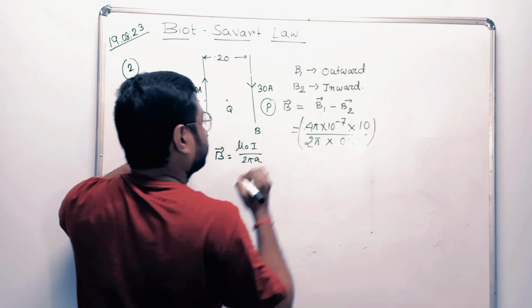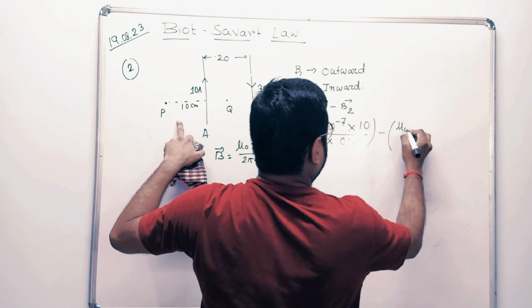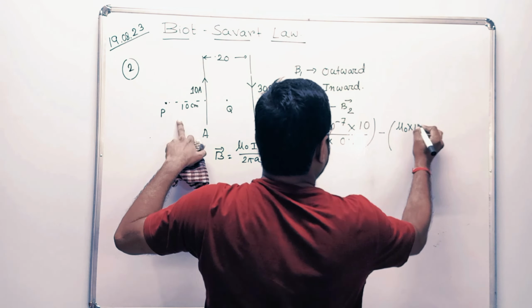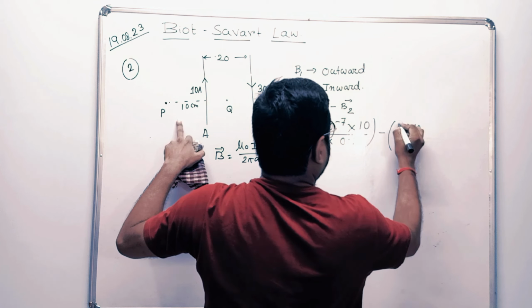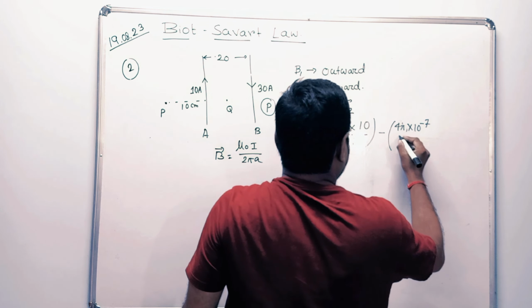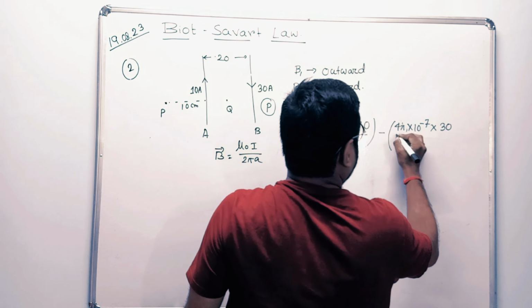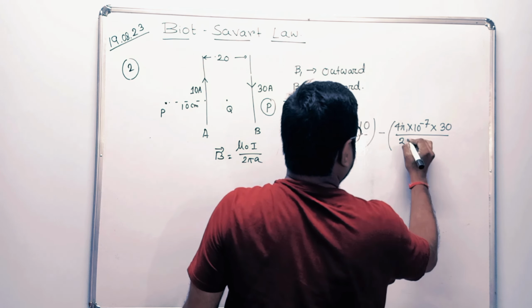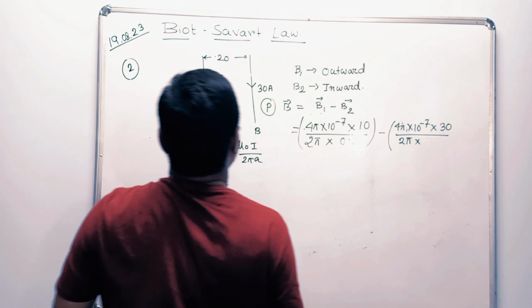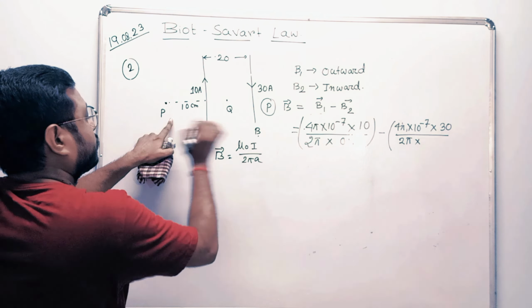This is the value of B1, minus B2. Mu naught is 4 pi into 10 to the power minus 7, I is 30 ampere, by 2 pi A. What is the value of A from wire B?